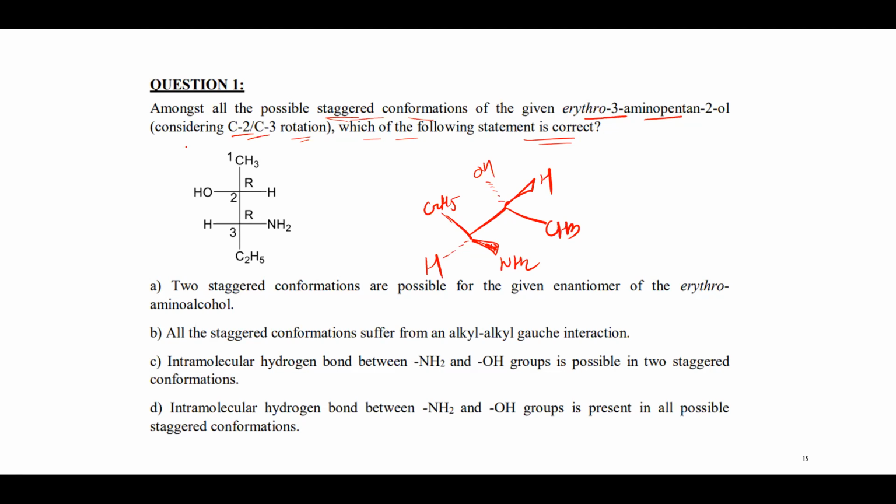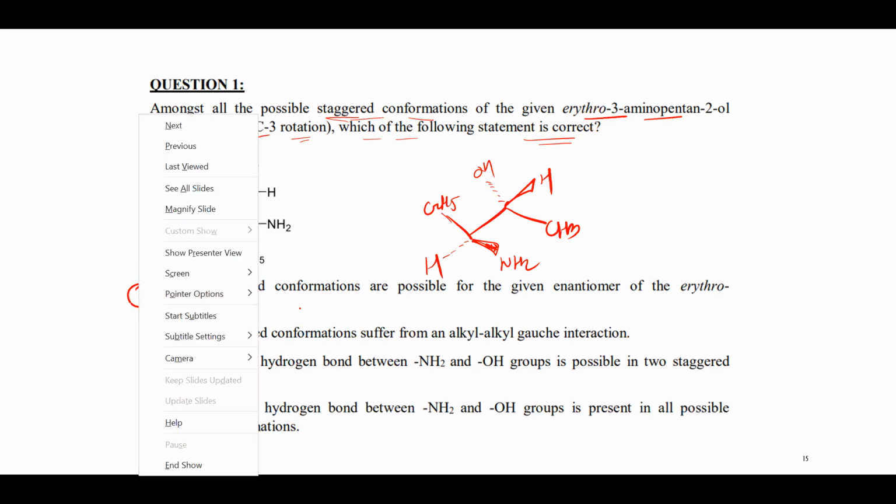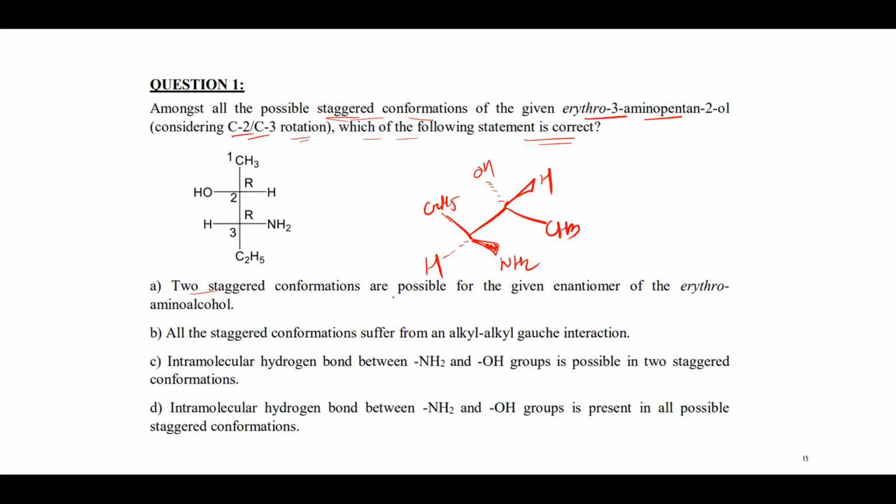I will go to the options one by one. The first option is that two staggered conformations are possible for the given erythro aminopentanol.